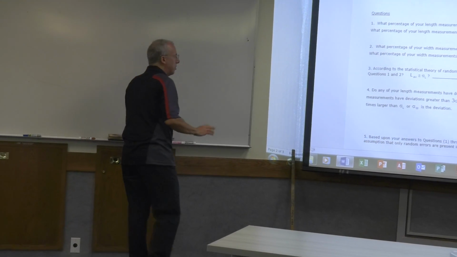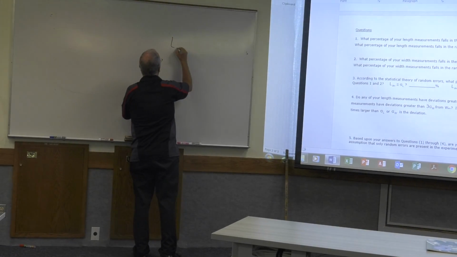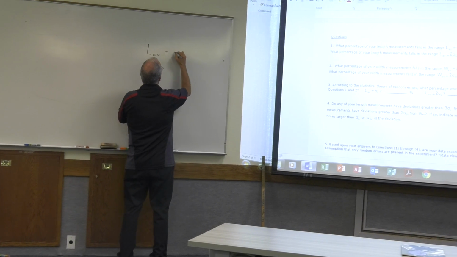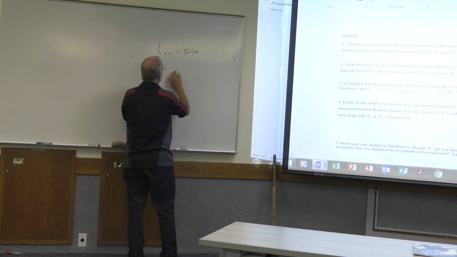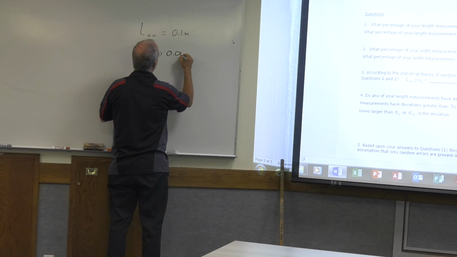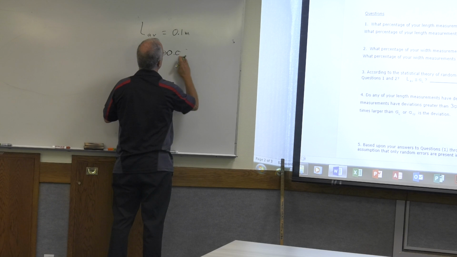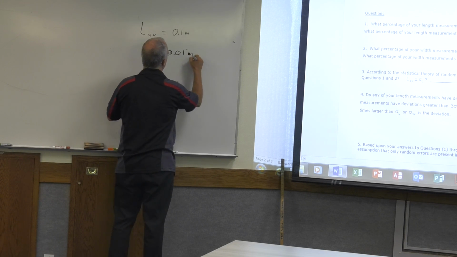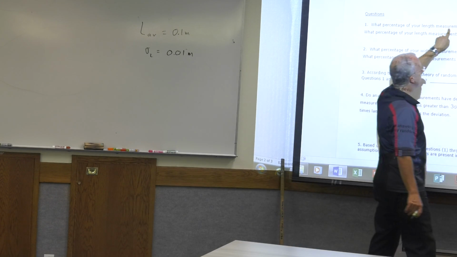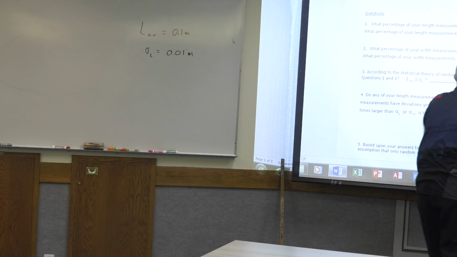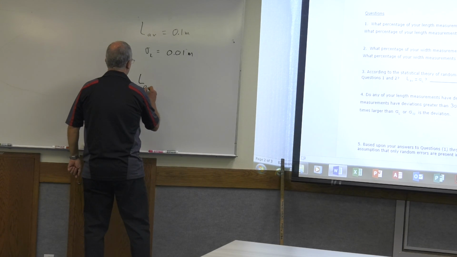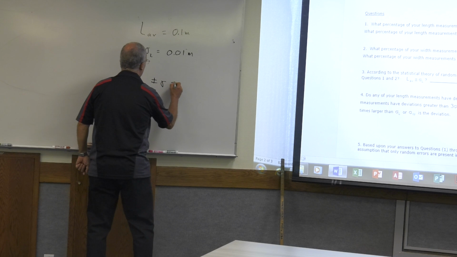So let's just pretend L average is 0.1 meters, and let's say that sigma L is, I don't know, 0.01 meters. So what percentage of your length measurements falls within the range L plus or minus sigma? Well, L average plus or minus sigma, what is that?